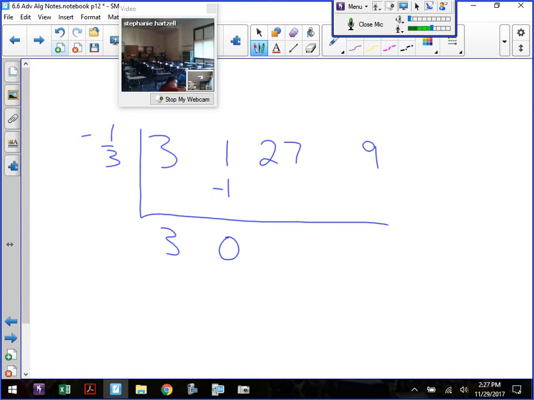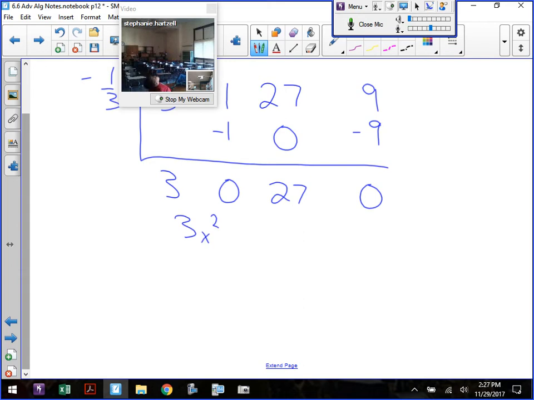What's a third of 0? 0. 0 plus this is this. What's a third, -1/3 times 27? -9. It still works for synthetic. I started at a cube. This is now squared. Correct. And then you get that. So if that's your term, what's your GCF? 3.